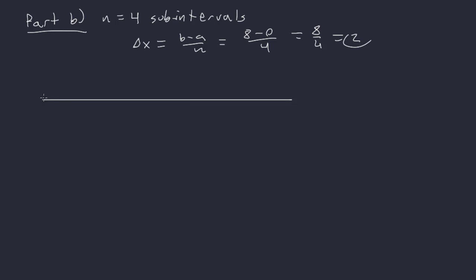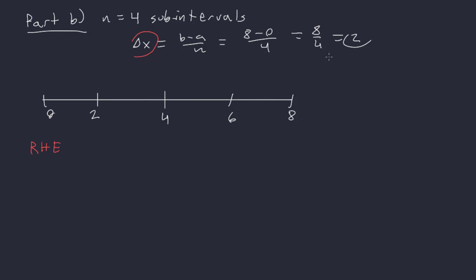Okay, so what I want to show is a quick way you can do this without having the graph. I have the graph in the other window, so this is 0, this is 8, right? And we're looking at 0, 2, 4, 6, and 8. So when we do the right-handed estimates, well, the base on all of these is 2, right?